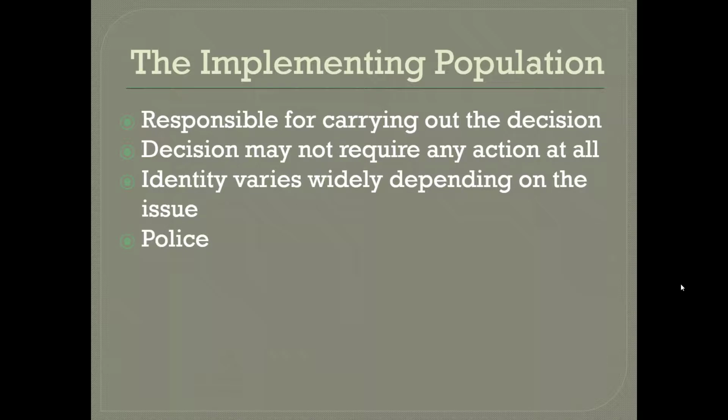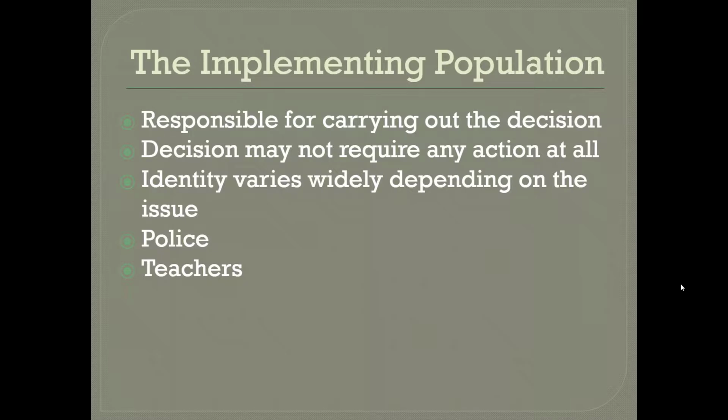Almost anybody could be part of the implementing population, but many decisions the court decides have to do with police procedure, well, when they can conduct searches and seizures. And so the police are often a part of the implementing population for those kinds of decisions. Teachers are responsible, for example, for school prayer decisions.